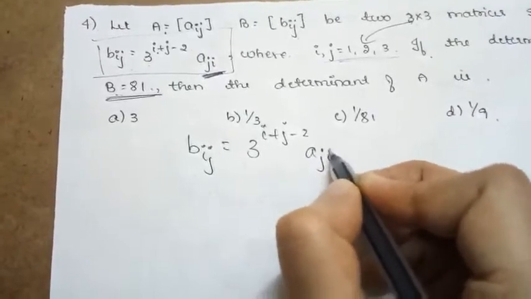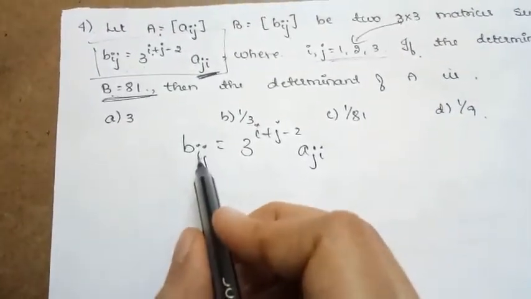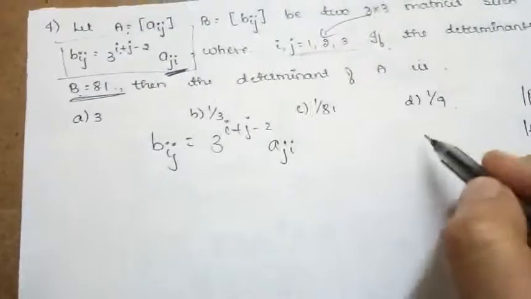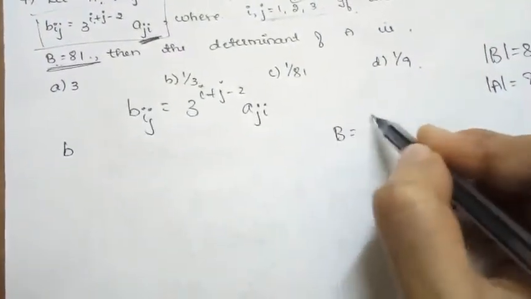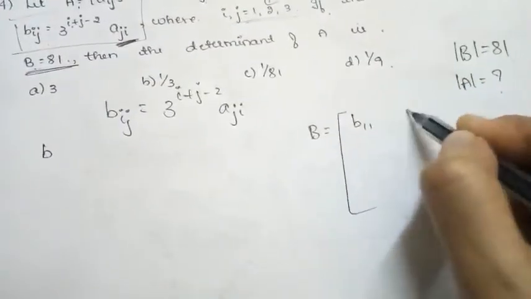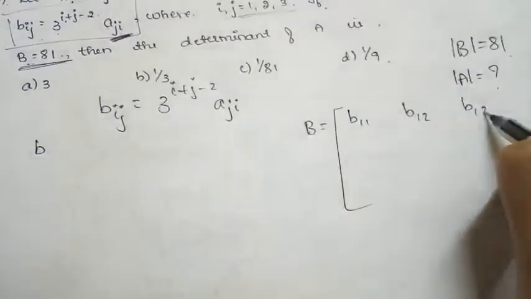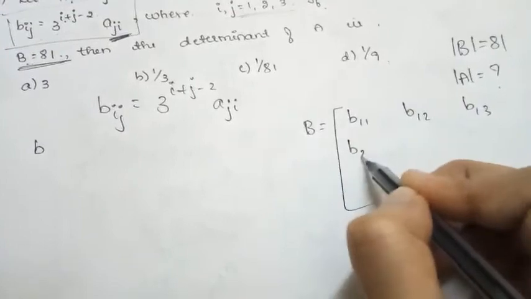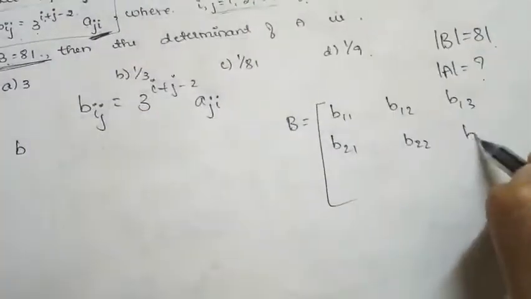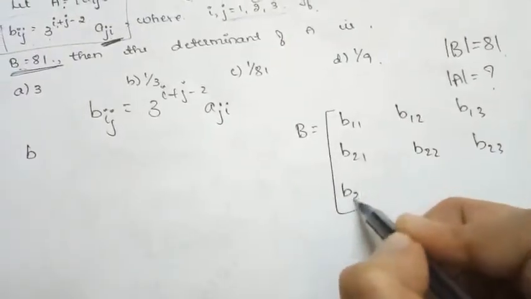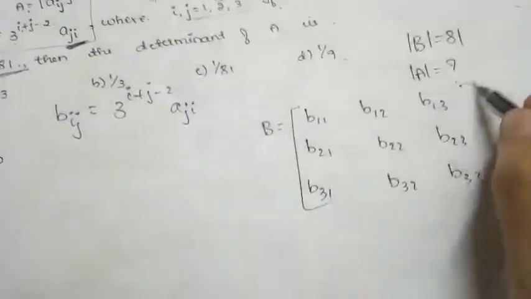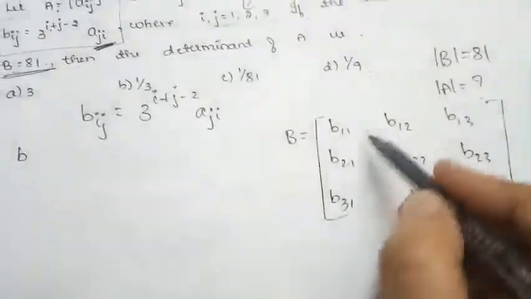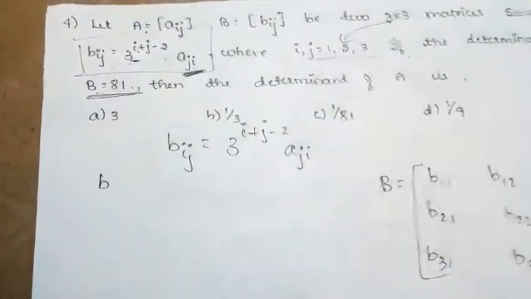By taking values for each i and j, clearly our matrix B will be: B11, B12, B13, B21, B22, B23, B31, B32 and B33. So these are the elements of the matrix B. Now you need to find all the elements of matrix B by using this given formula.